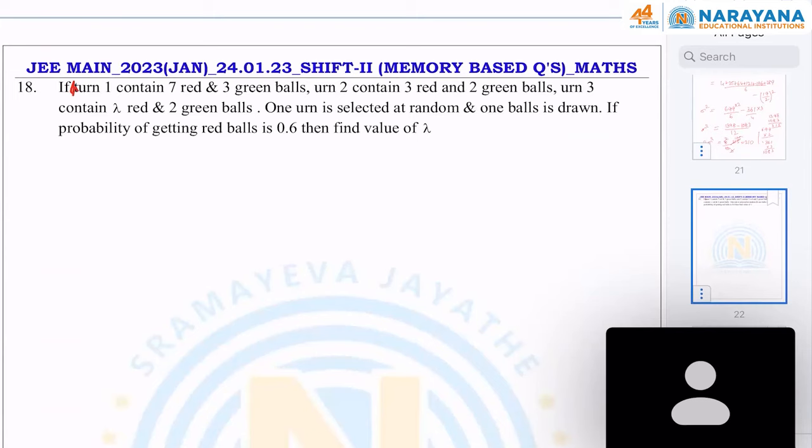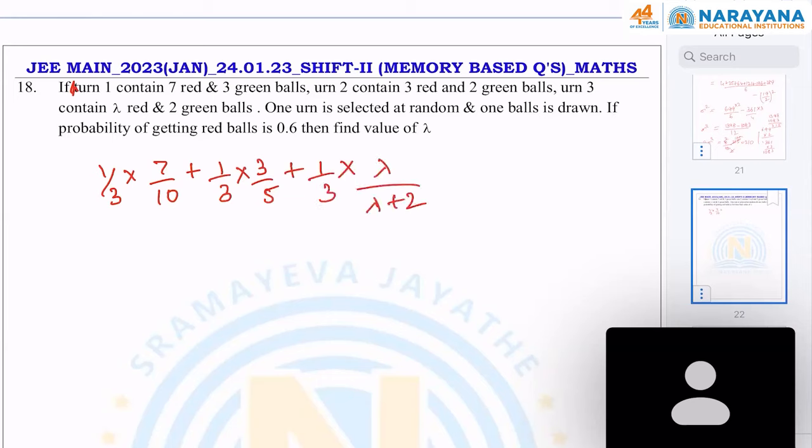So first I will find the probability of getting the red ball from any one of the urns. The probability of choosing the first urn is 1 by 3, right? Then the probability of choosing the red ball is 7 by 10. Next, from the second urn, 1 by 3 into 3 by 5, plus 1 by 3 into lambda by lambda plus 2, as the total number of balls is lambda plus 2 and lambda are red. It is given as 0.6. So 7 by 30 plus 1 by 5 plus 1 by 3 into this is given as 0.6.